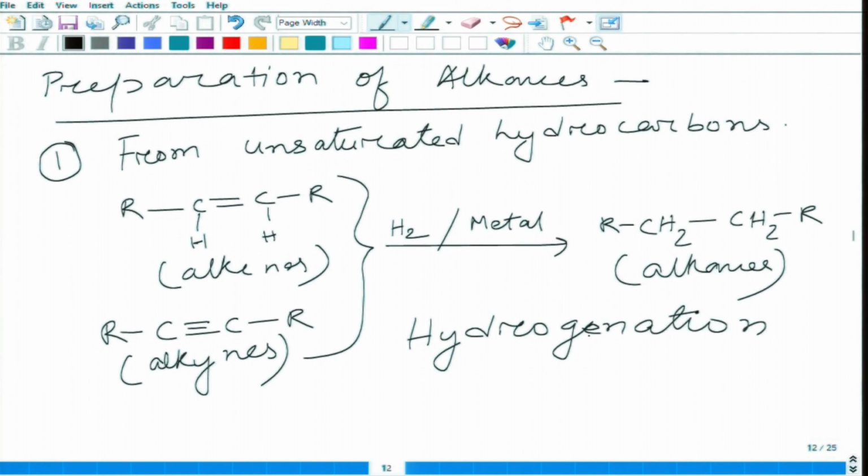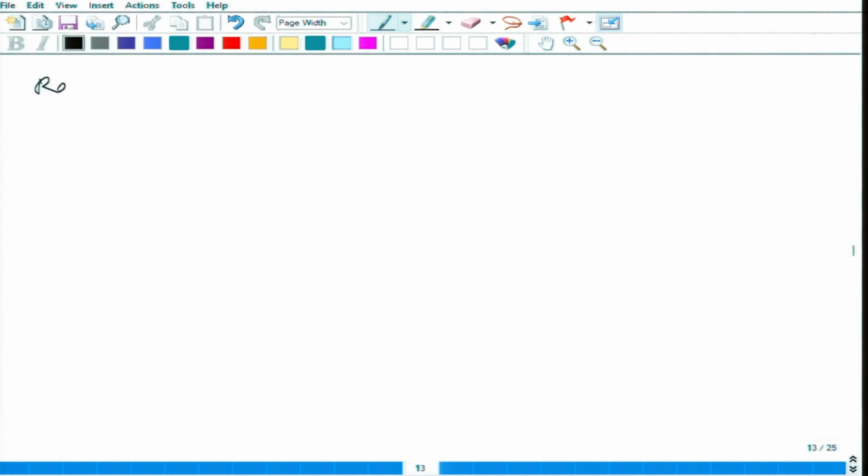Hydrogenation means addition of hydrogen. Okay. This is called hydrogenation. What are the reagents? Reagents can be hydrogen platinum, hydrogen palladium, etc. So, let us see some examples.